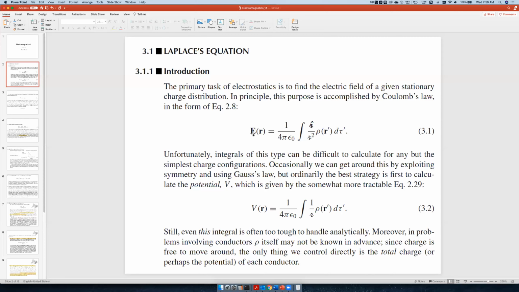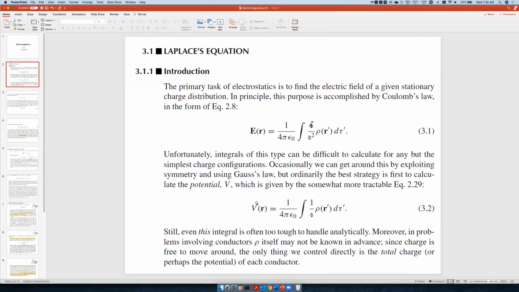The derivative of V is E, but with a negative sign. So the negative derivative of V is E. If you can calculate V, it's very easy to calculate E. So usually the best strategy is to first calculate V, the potential, and then calculate the electric field.